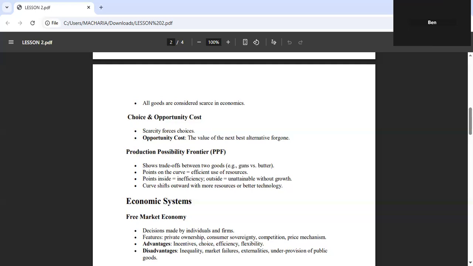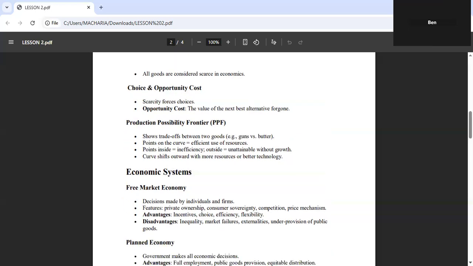Now, production possibility frontier, here we say that this shows trade-off between two goods. Opportunity cost will come in with the PPF, because if a country is in a place of war, it therefore means it will buy more guns than food.